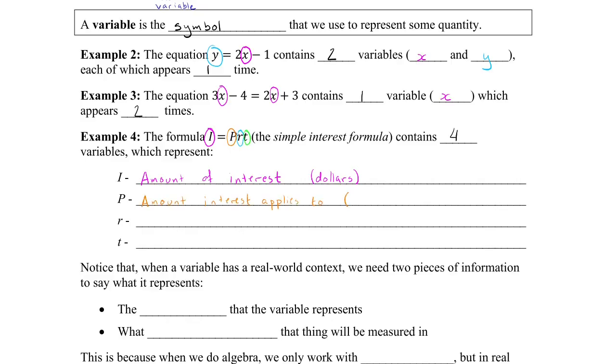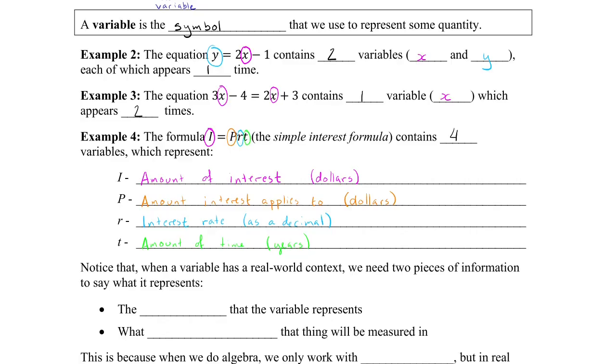That's also an amount of money, so that's usually going to be in dollars. R represents the interest rate. Now, interest rates are usually described as a percentage, but when we put it into the formula, this needs to be as a decimal. And then T represents the amount of time over which the interest is earned. And in this formula, the amount of time is always measured in years.